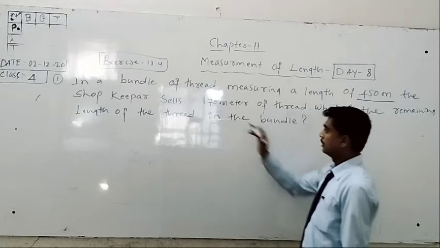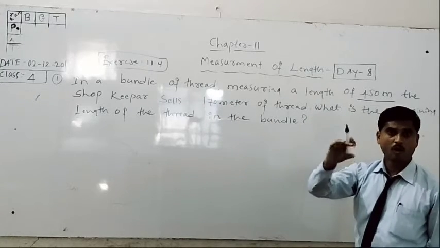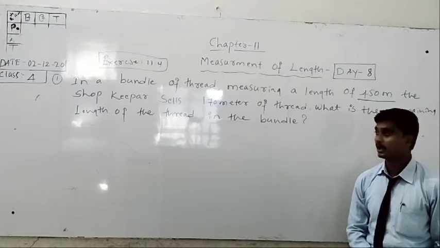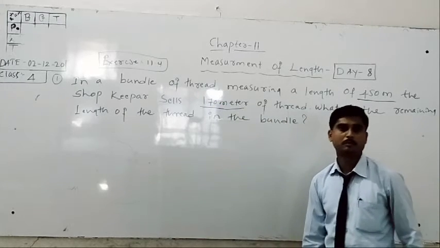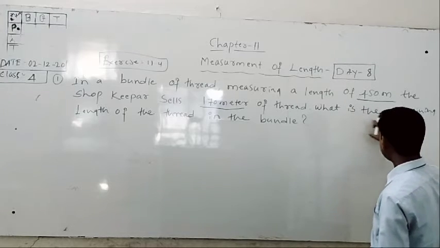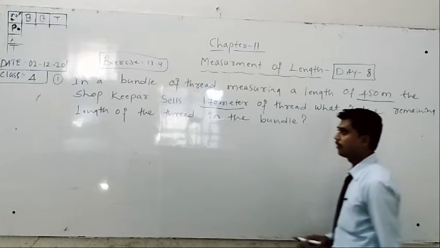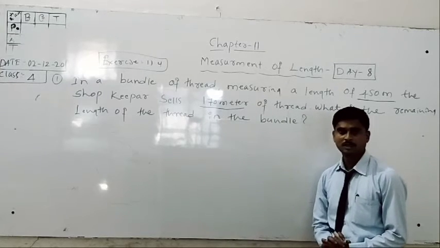Then 170 meter of thread already sold out. That shopkeeper sold out 170 meter of thread. What is the remaining length of the thread in the bundle?